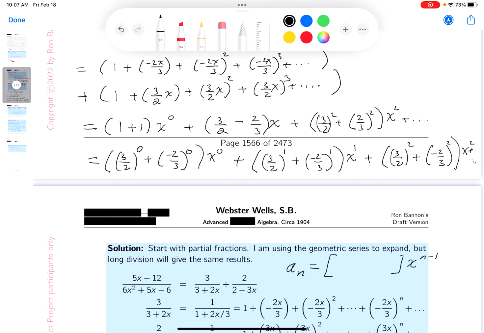And then what do you get over here? Let's write this down. 3 over 2 to the n minus 1 plus minus 2/3 to the n minus 1. Let's see if that works. And, certainly, are the powers all going to be the same? Yeah, if I start at 1, it's going to be 0, 0, 0. If I go to 2, what do I get?